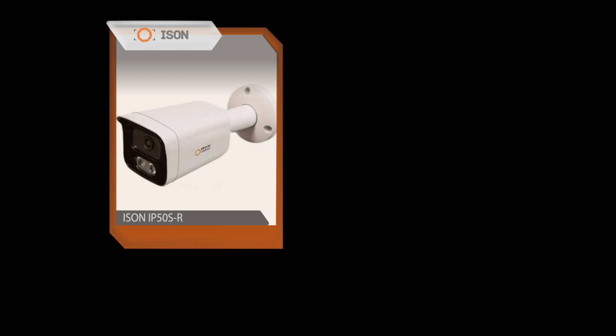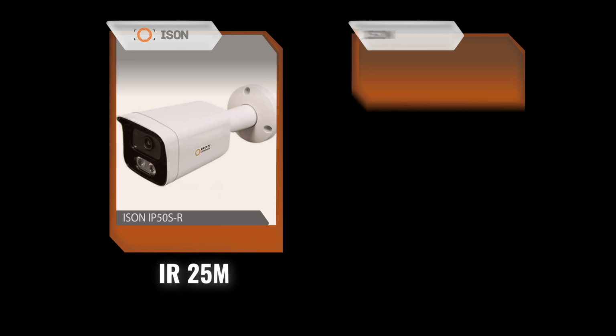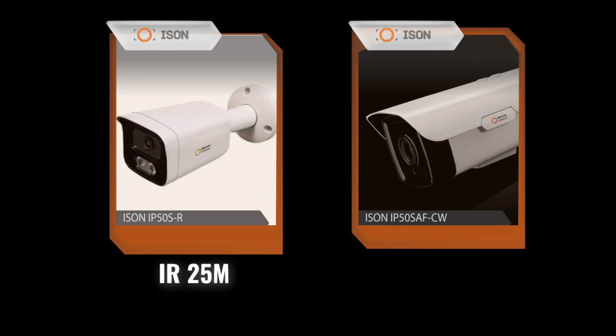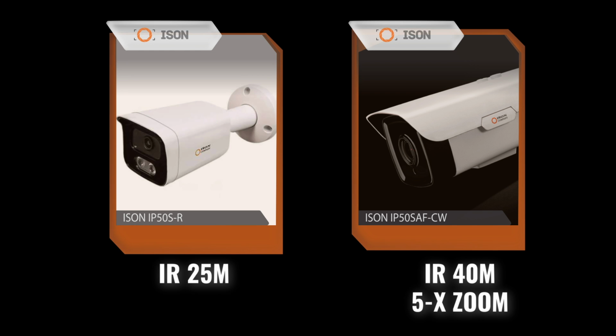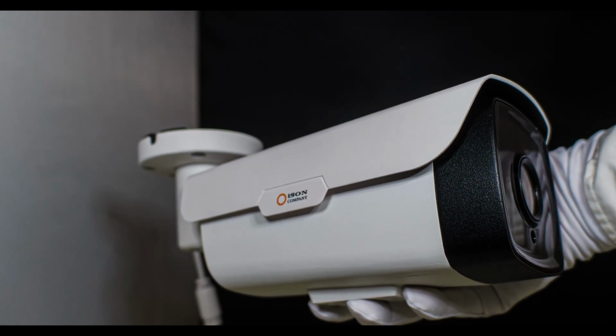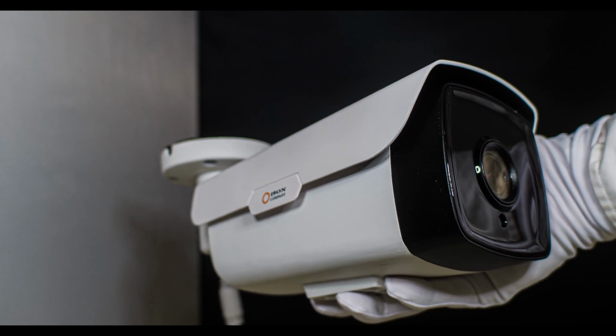Let's look at the difference between the cameras in the popular 5-megapixel segment with Sony sensors and 2K resolution. ISON IP50 SiemensR is a CCTV camera without zoom with night shooting up to 25 meters. ISON IP50 SAFCW is essentially the same camera with 5x electronic zoom and night shooting up to 40 meters. Also note that cameras with zoom are always 2 times larger than the usual size.